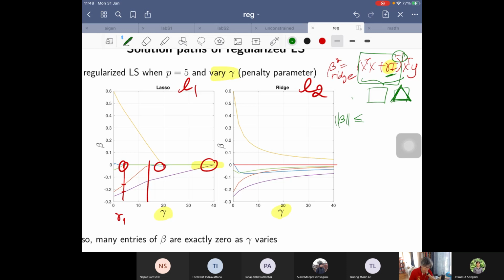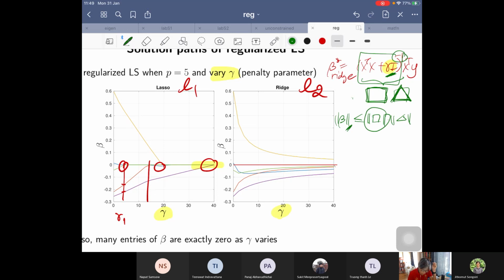The norm of beta would be bounded by the norm of the rectangle times the norm of the triangle, by the submultiplicative property of the norm. If gamma is so big, this rectangular matrix is going to be small, so the norm of beta would be small.